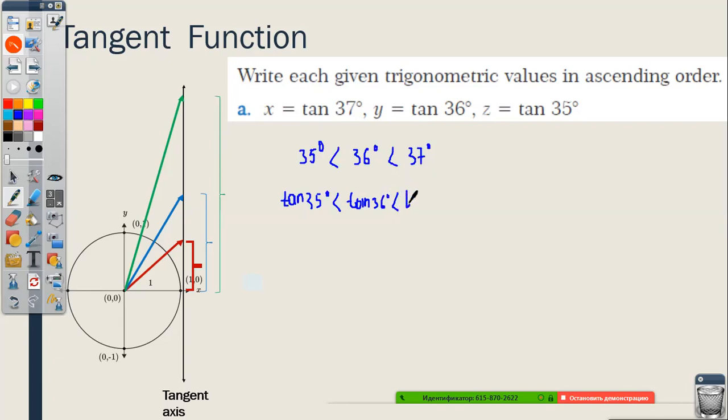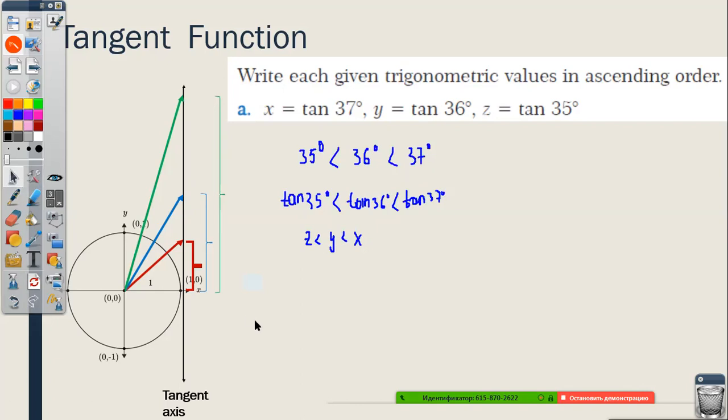Then tangent 37. So we can write z is the smallest, then y, then x. So this is all about the tangent function.